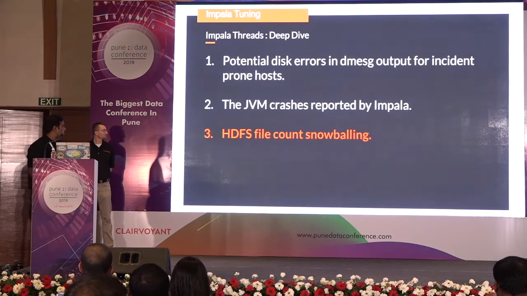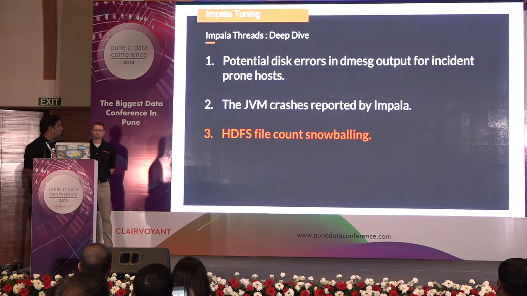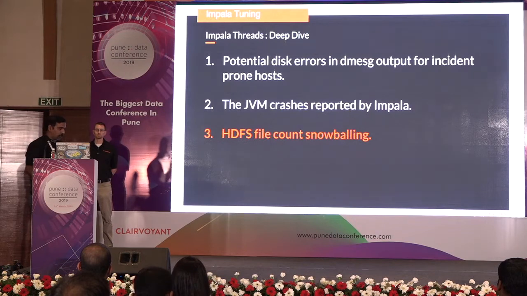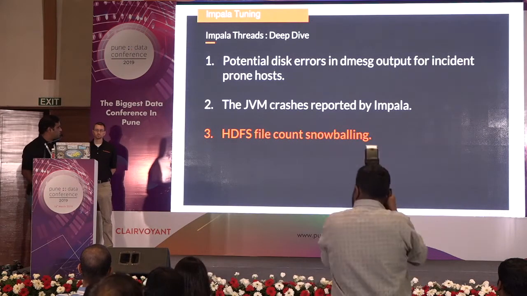Now, taking a deep dive into the problem statement and analyzing the cluster, we found out from the dmesg logs that there were problems with their host on OS level, on application level, and in different formats. So these were the three culprits initially which we found.